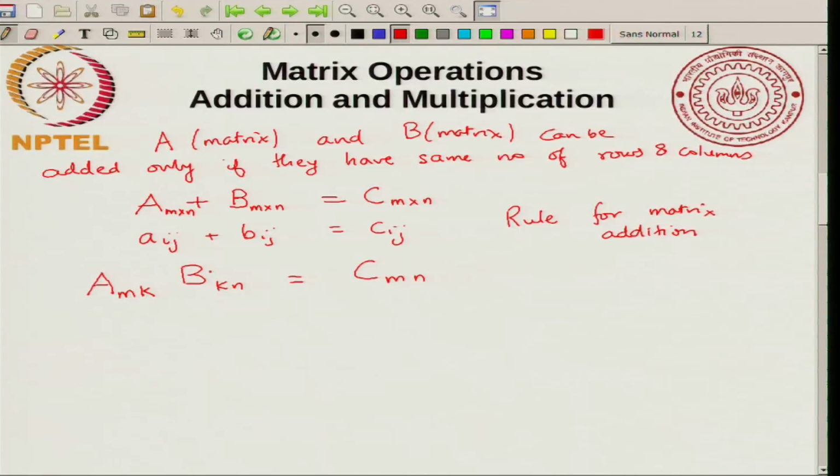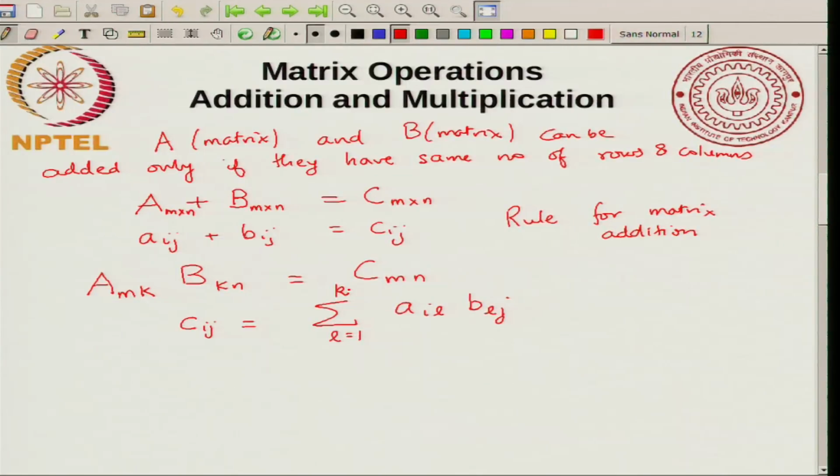And the rule for matrix multiplication is that, suppose I want to calculate c i j, the ijth element of C, then I have to sum over some other index, I will call it l, a i l b l j. I sum over all l, and l should go from 1 to k.